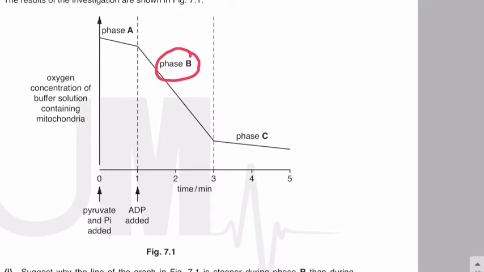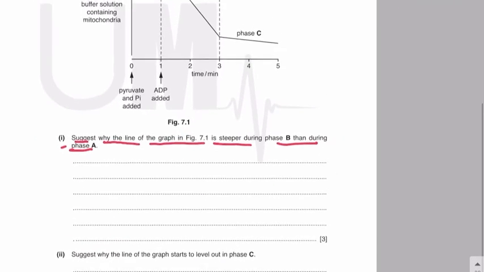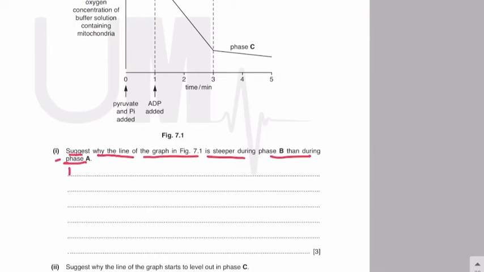And in oxidative phosphorylation, oxygen is used as the final acceptor of electrons and protons. So more oxygen will be used, and the rate of fall of oxygen concentration will be higher, right? So what will be right over here?